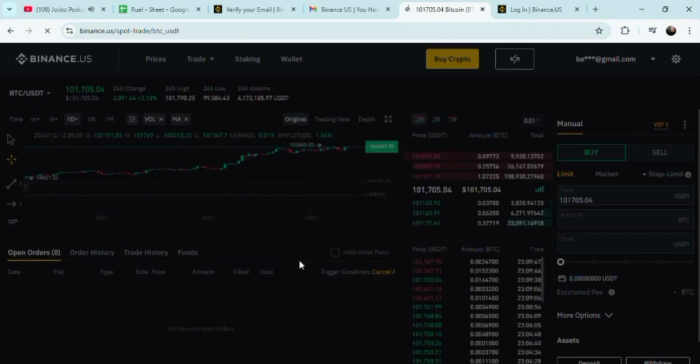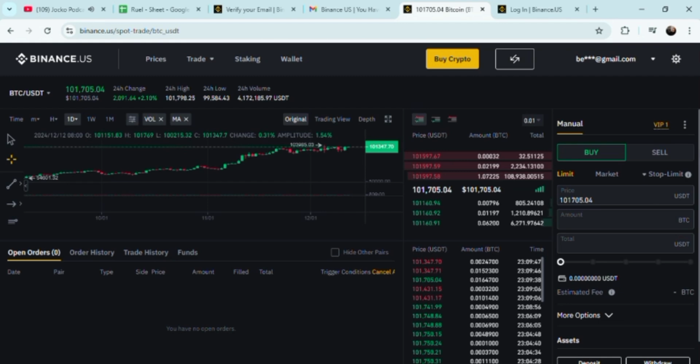So explore Binance's features. Learn the difference between spot trading, buying and selling instantly, and margin trading. Margin trading is basically borrowing funds to increase trading size, as in the adjustment spectrum that I showed you.